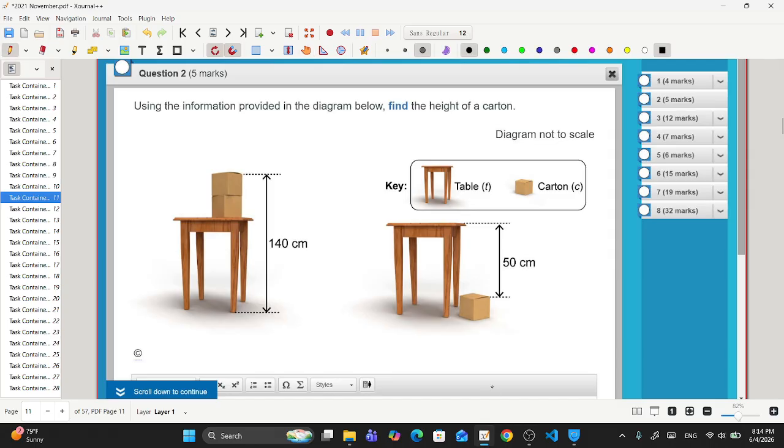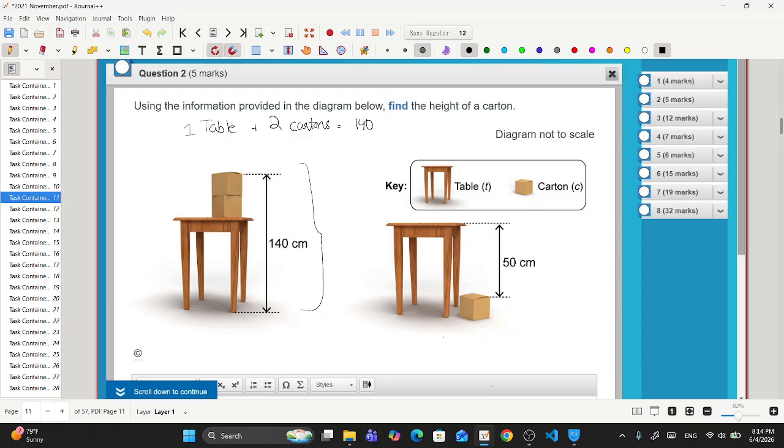Let's represent this information that we have in the form of an equation. What equation? I can say that one table plus two cartons equals 140.